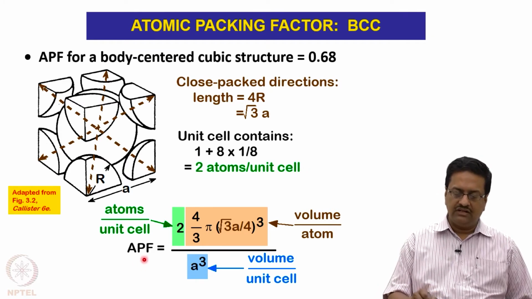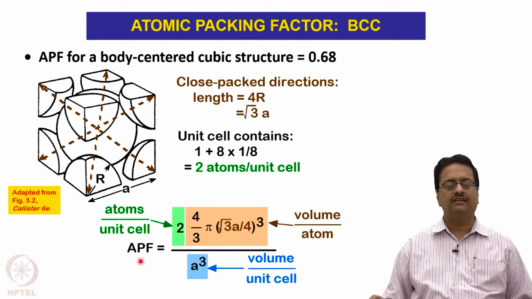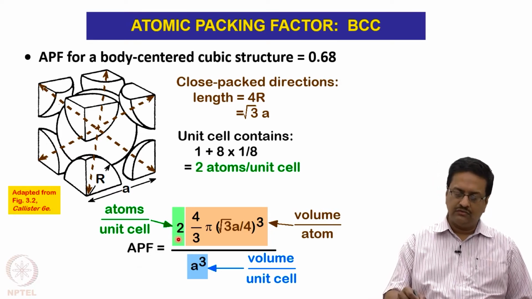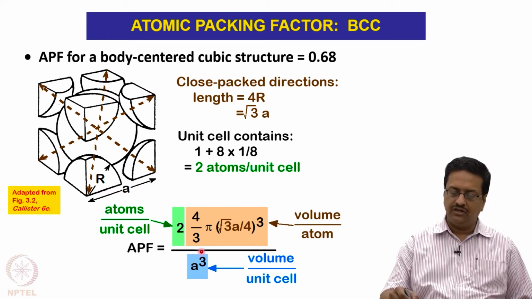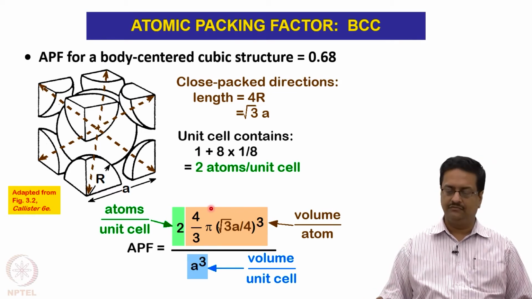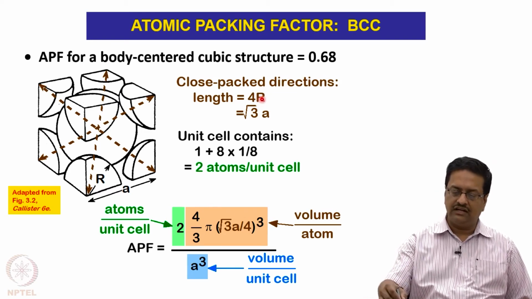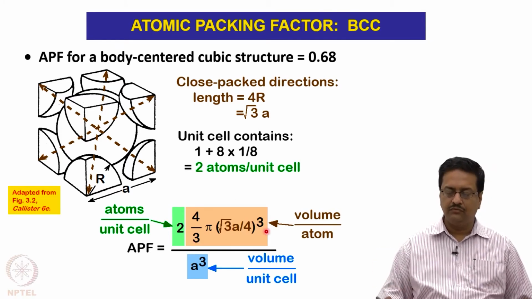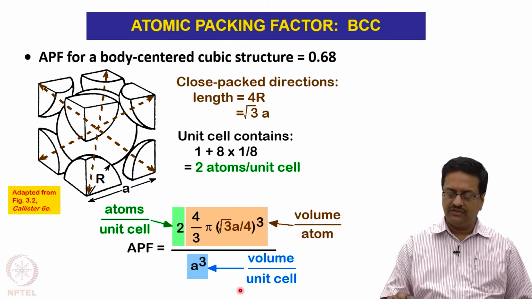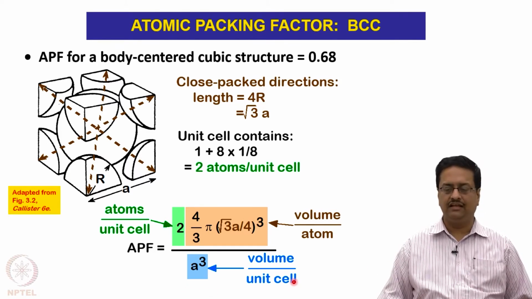So now we try to calculate the atomic packing factor here. This is equal to 2 times, that is 2 atoms per unit cell, the volume of the atom. So now this R is √3/4 a. So the volume of one atom is 4/3 pi (√3/4 a) whole cube, and the volume of the unit cell is a cube once again.